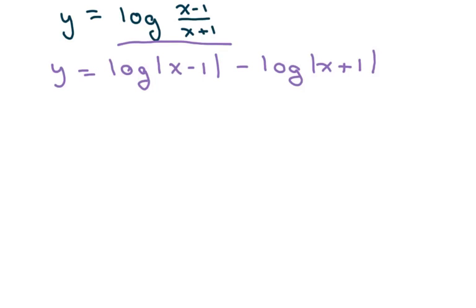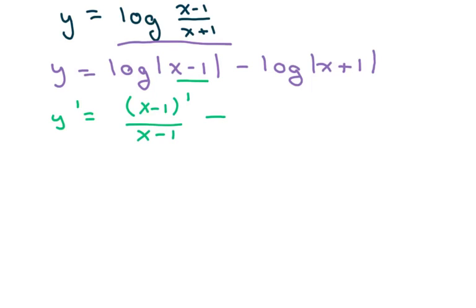Now, knowing the derivatives of absolute values, this is 1 over x, so the derivative is just going to be the derivative of this over x minus 1.